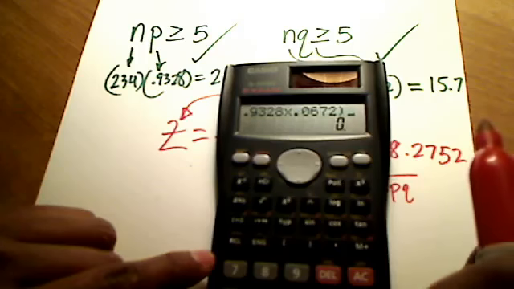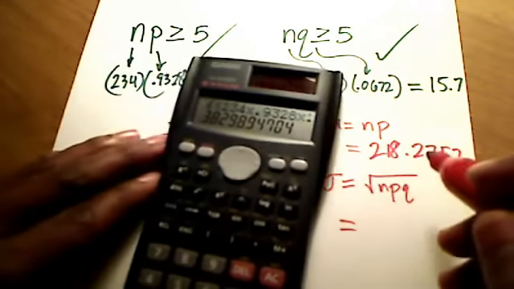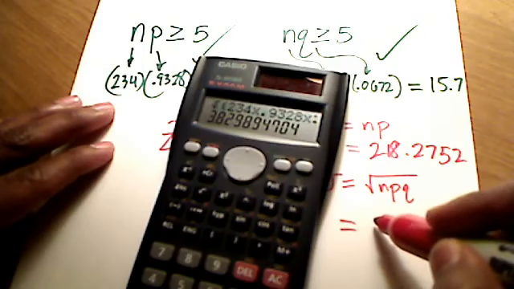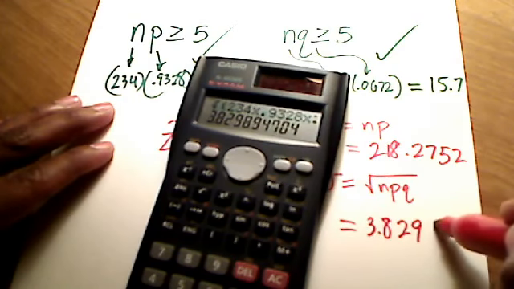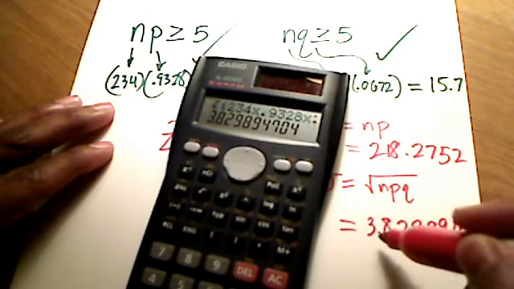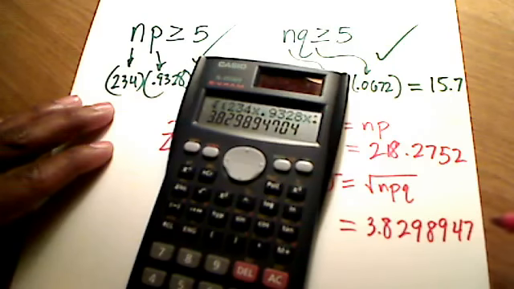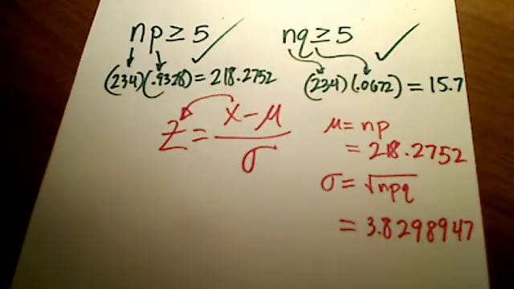I'll close off the parentheses, hit equals, and I get a standard deviation of 3.8298947, and that's enough. I'm not going to round any of this off. Don't do any rounding until the very end of the problem if you're using your calculator.